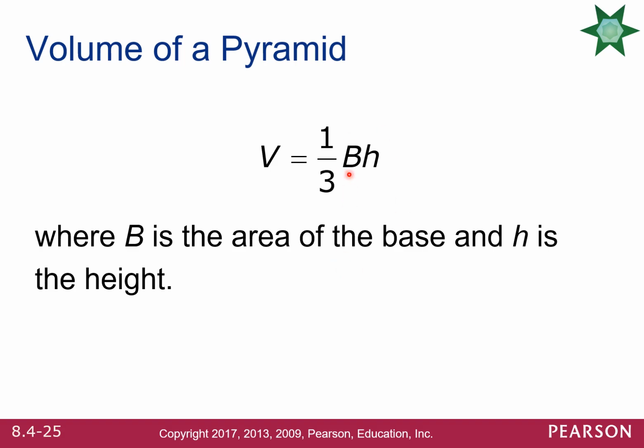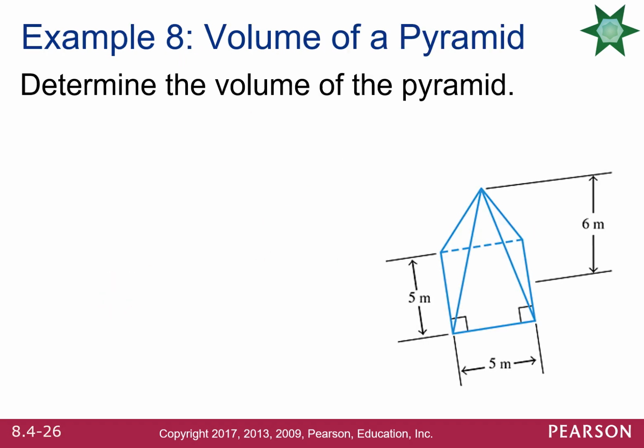So it's the area of the base multiplied by the height of the pyramid, and the height of any figure is always perpendicular to the base. So let's read through it again. V equals 1/3 B times H, where B is the area of the base and H is the height.